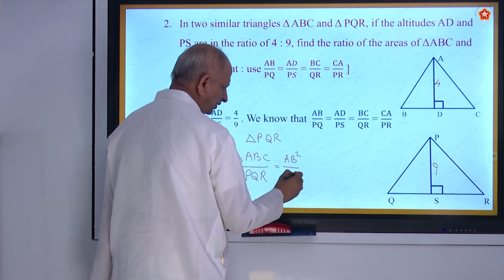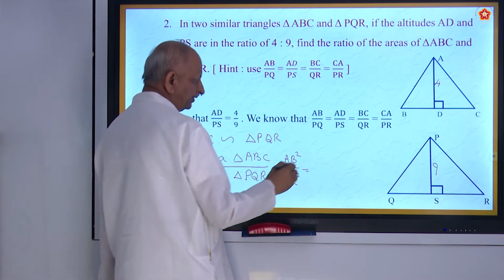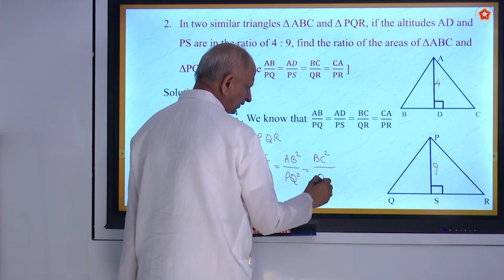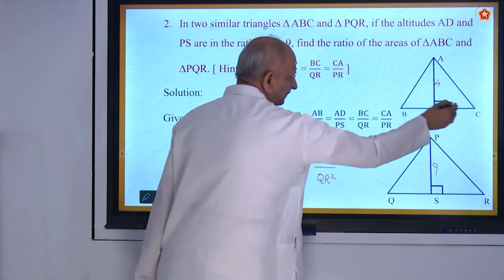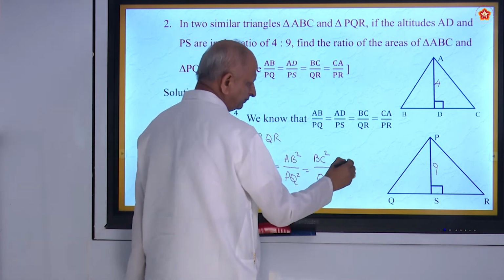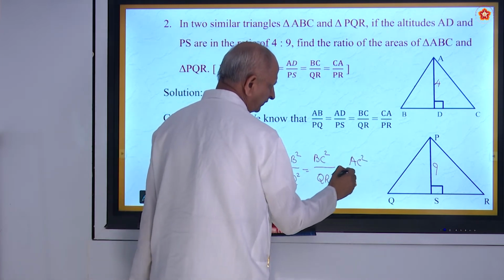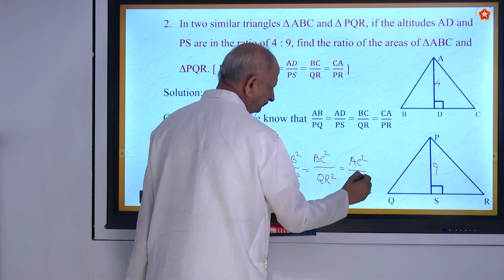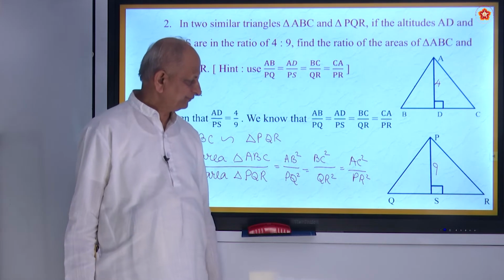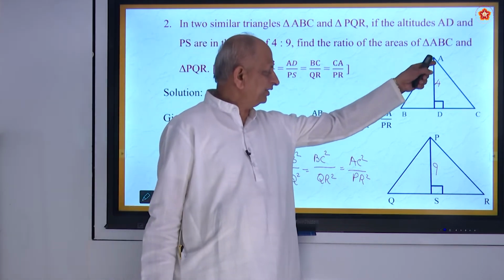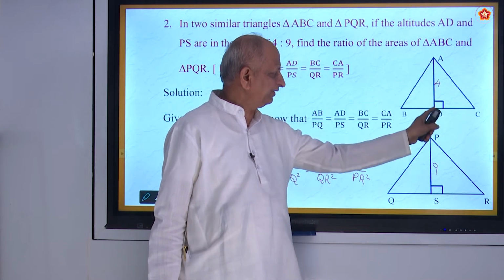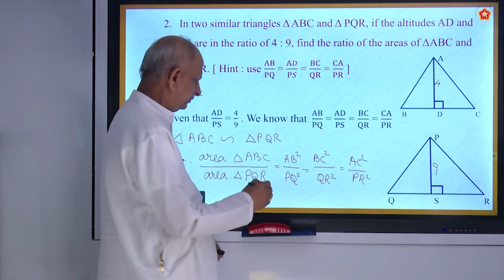Don't confuse, write as it is. Other side is BC square by QR square, corresponding sides. So BC is here, QR is here. And lastly, AC square by PR square. And as we have seen in the previous class, it is also equal to the ratio of the altitudes, AD square by PS square.